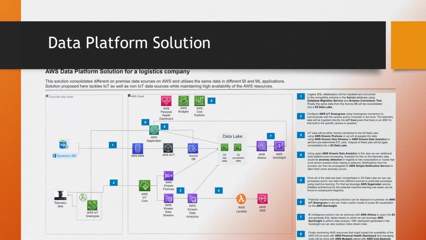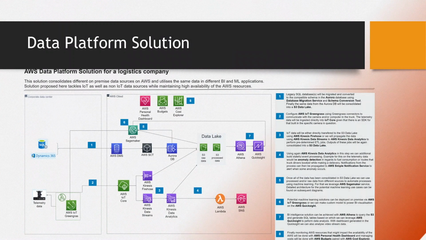And if we jump straight into the data platform solution for this logistics company, this might look a little bit too big or too complex, but if we follow the dots and follow the individual comments, this should be actually pretty easy.